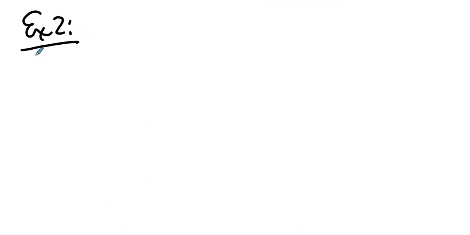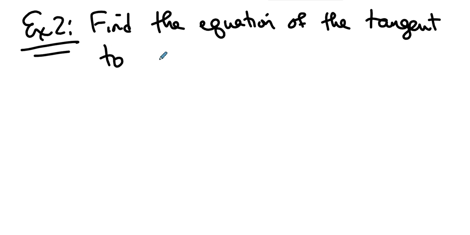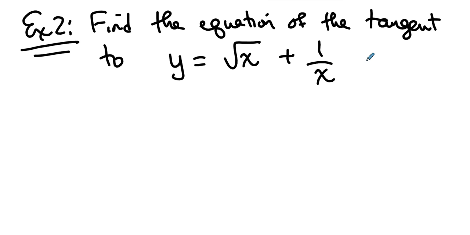Well, let's go one step up. Find the equation of the tangent to y equals the square root of x plus 1 over x at the point 1, 2. How can we find the equation of the tangent?